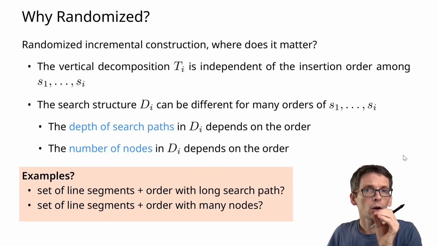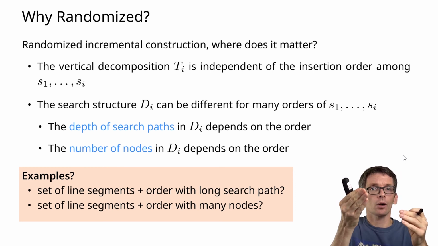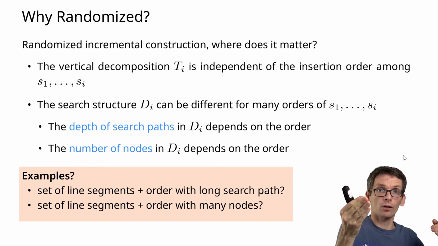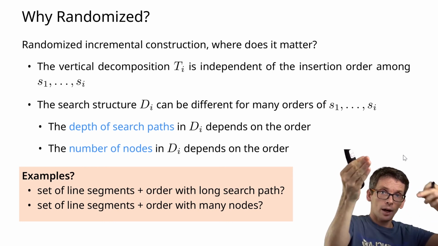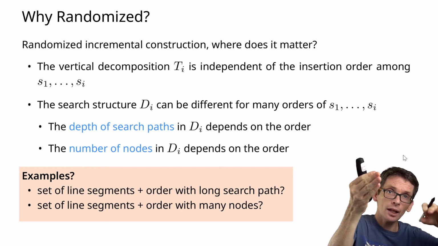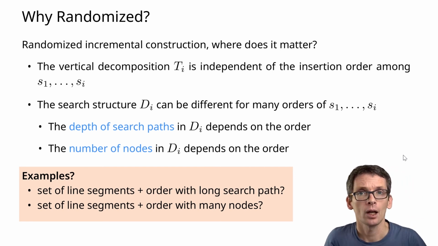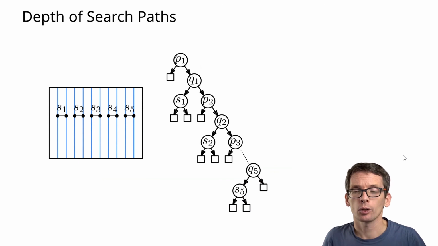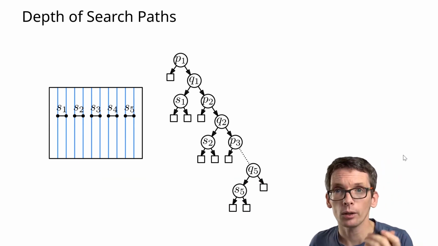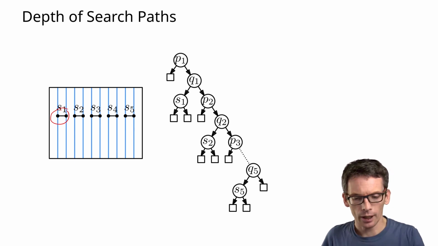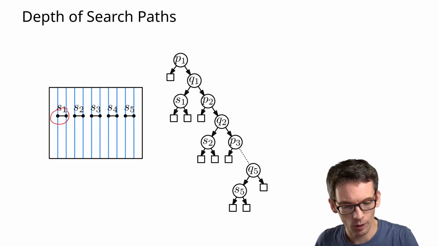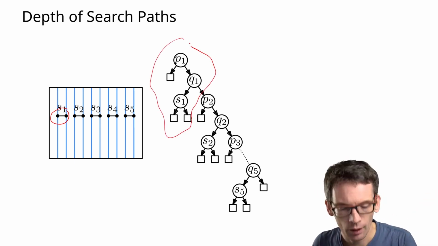So we get a long path if essentially we already have a long path and we always make that longer, meaning the long path leads us to a trapezoid, and if the new segment is again in that trapezoid, the path gets even longer. So how could this look like? It could look like this. So in this setting, we are first inserting S1, and inserting S1, we have seen this structure many times, gives us this search structure.